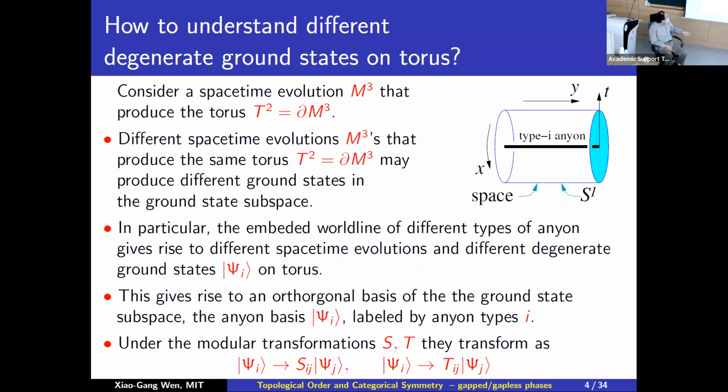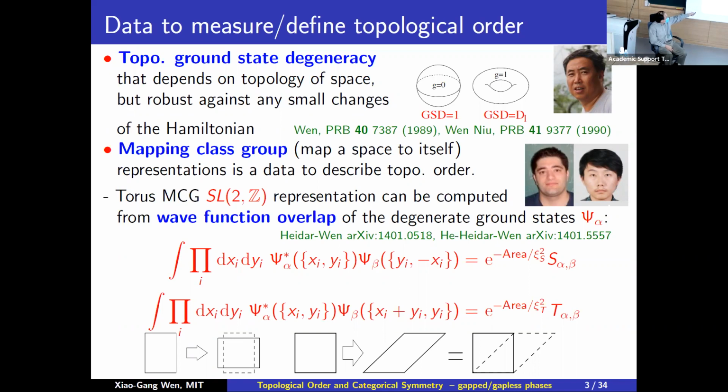This part is the energy density, and this part is the non-trivial topological part. If the wave function transforms like this, the product state does not transform non-trivially under modular transformation. So the overlap between the wave function and the product state would transform in a similar way as the ST matrix.